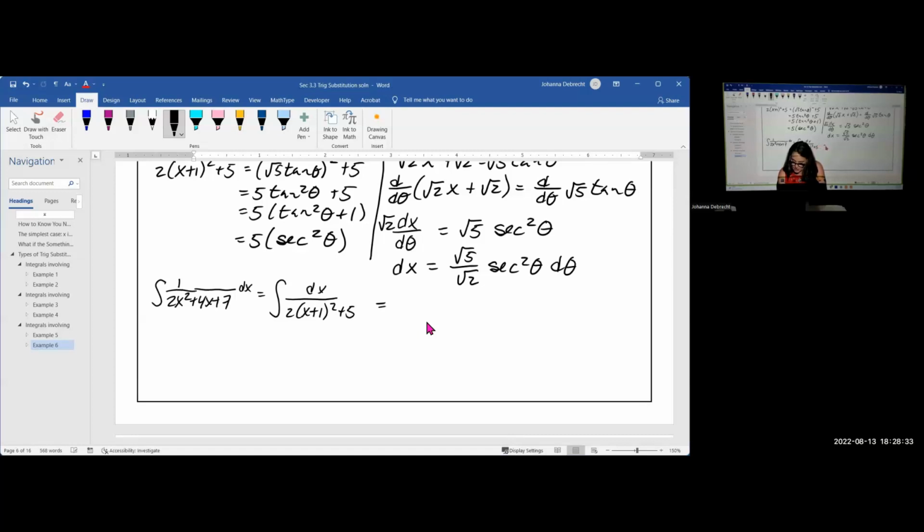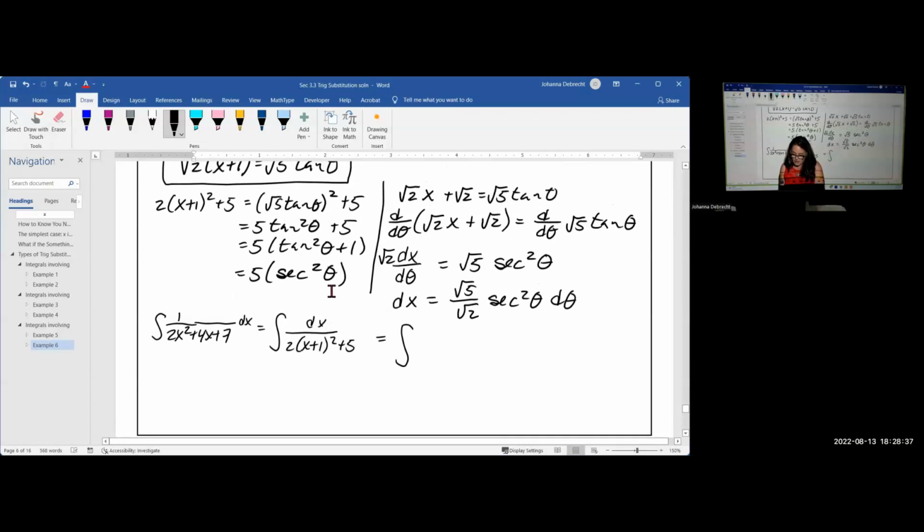And now we can replace that with the integral of 5 secant squared of theta, replacing the denominator, and dx being replaced by radical 5 over radical 2 secant squared of theta d theta.